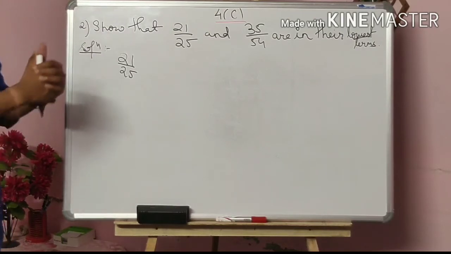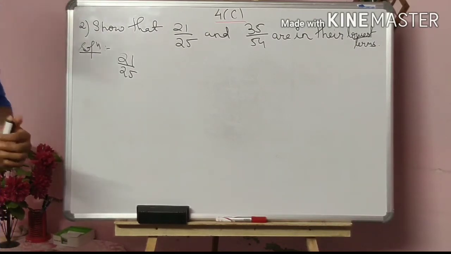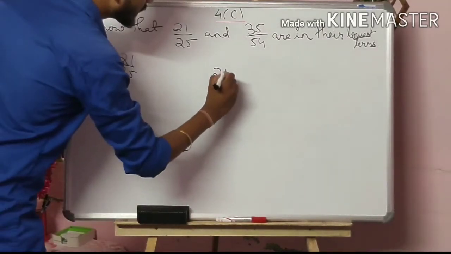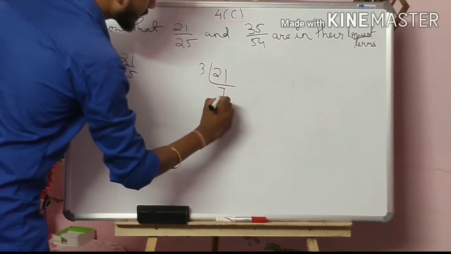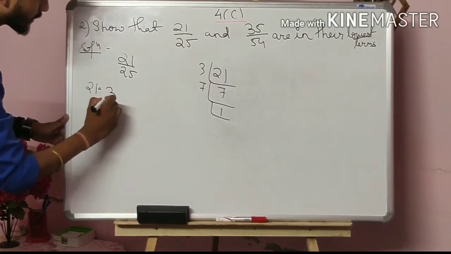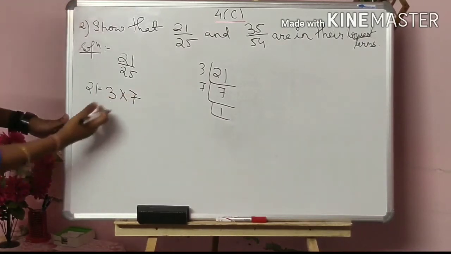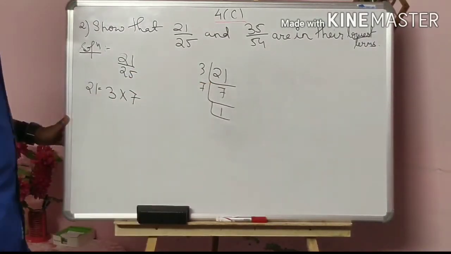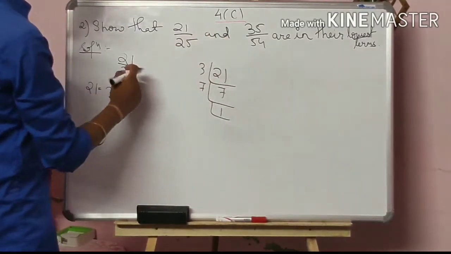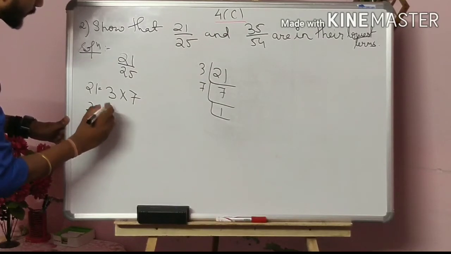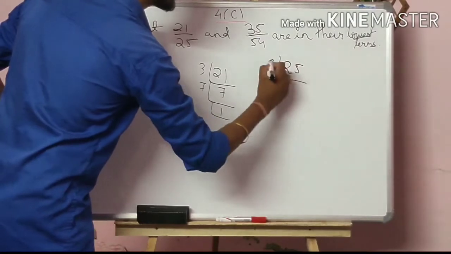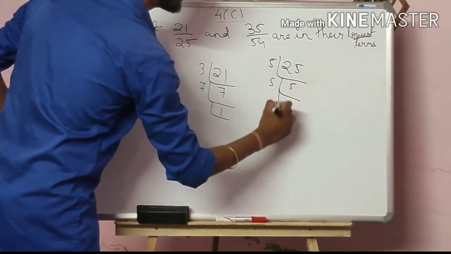So now we are going to find the HCF of the terms. First of all, with the help of prime factorization, find the factors. 21 is here. 3 7s are 21, again 7 1s are 7. So I have got 3 and 7. As it can be divided by 1 also, you can write 1 here also. Again for 25: 5 5s are 25, again 5 1s are 5.